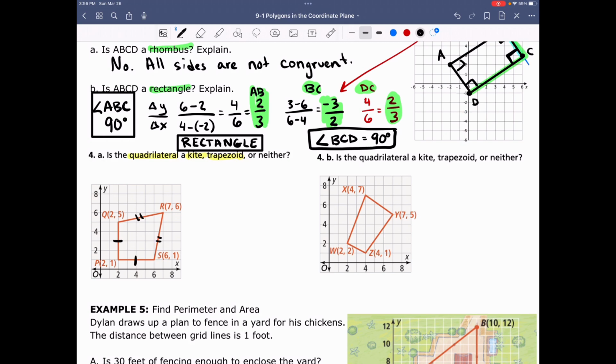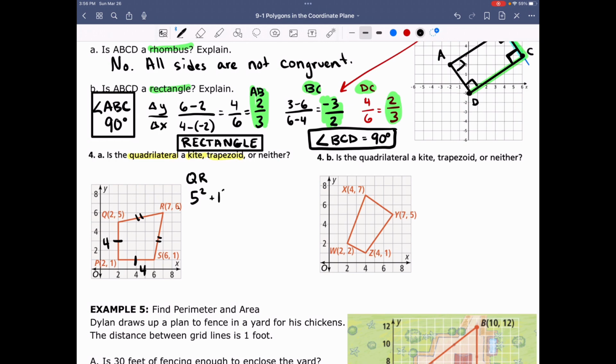So let's see if they are. Well, I can count the squares here. That's 4, and this is 4. To figure out QR and SR, we have to use the distance formula. So we're going to subtract the x's. 7 minus 2 is 5. We're going to square it. 6 minus 5 is 1.